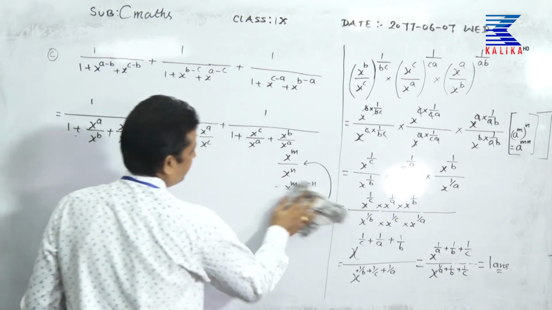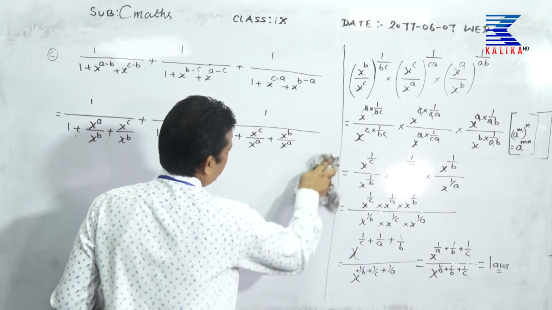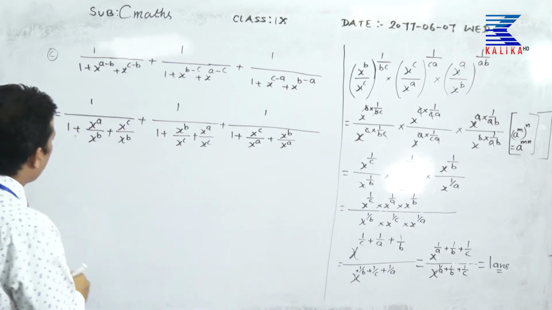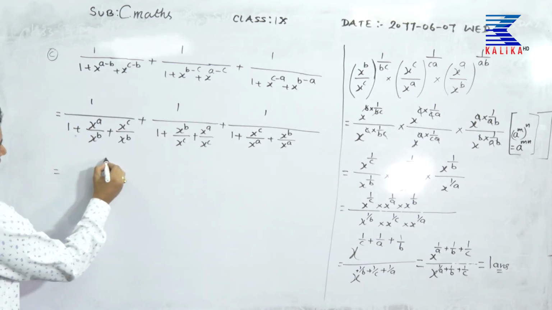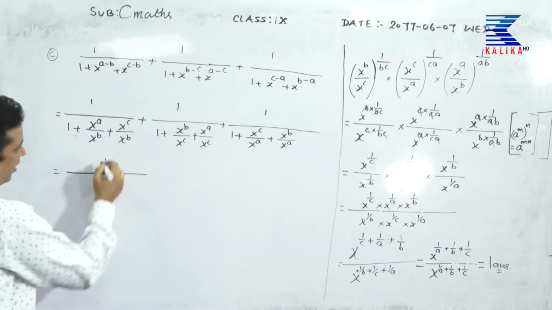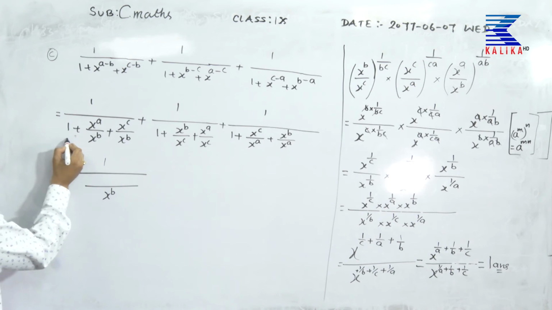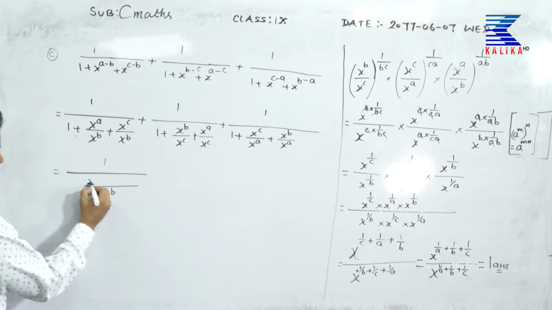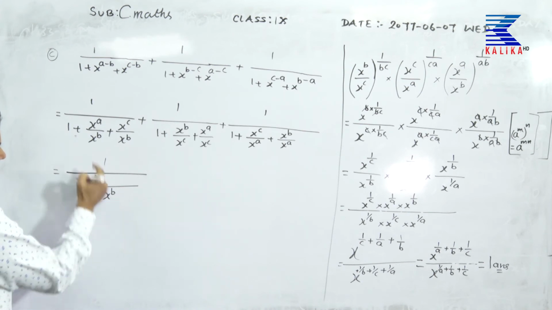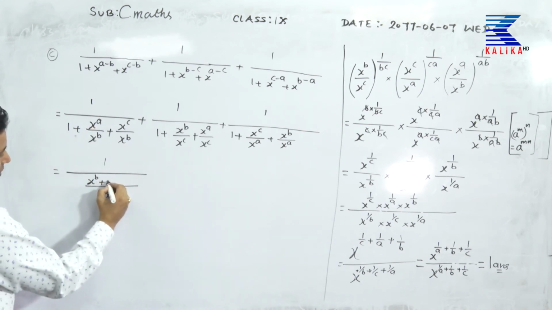Now, dear student, here you can take the LCM, it is x to the power b. Now, 1 has nothing in the denominator. So, x to the power b into 1 becomes x to the power b, plus x to the power a into x to the power b.